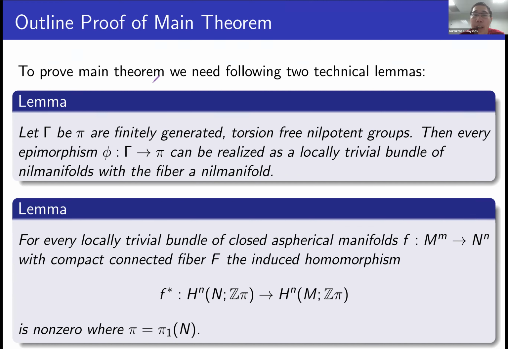But here we need it because the tricky part is if you consider the Heisenberg group, a principal circle bundle over the torus, mapped to the torus itself. The Heisenberg group maps to the free group on 2 generators. The induced homomorphism is trivial if you consider regular or trivial coefficients, but it will not be trivial if we consider twisted coefficients. We are working with local coefficients, so we need this lemma. In other words, this lemma guarantees that.